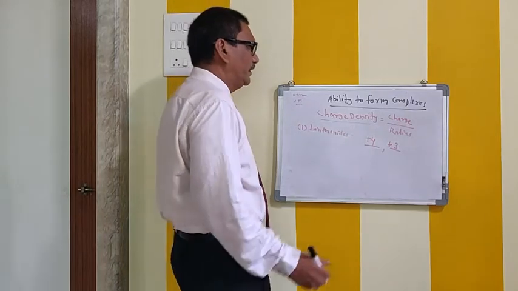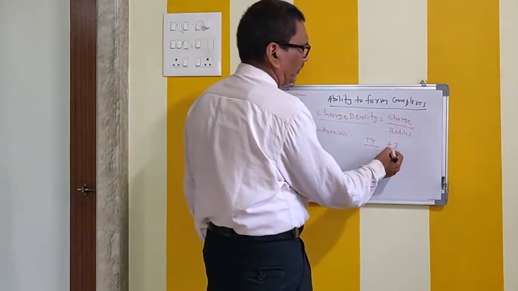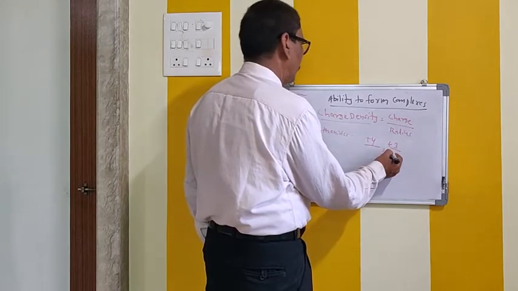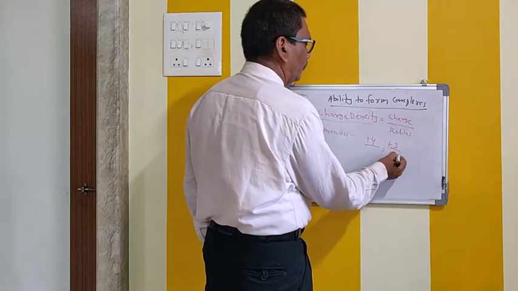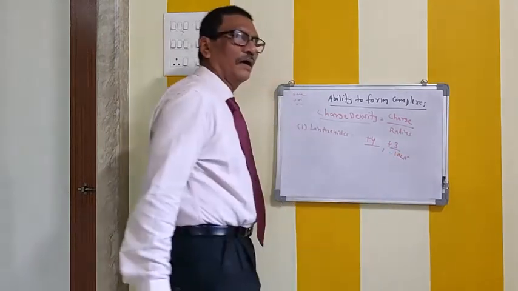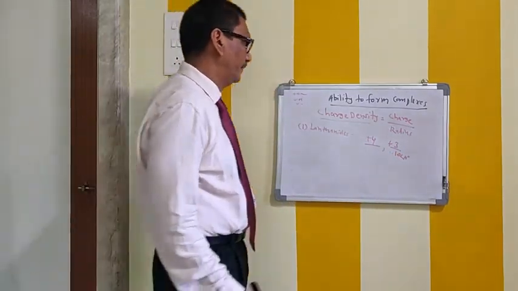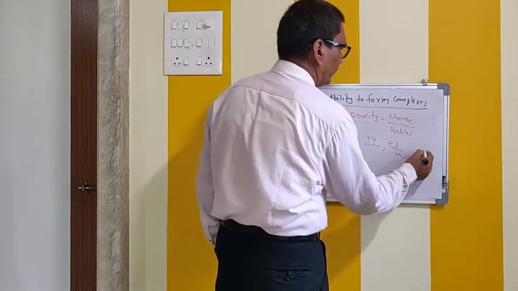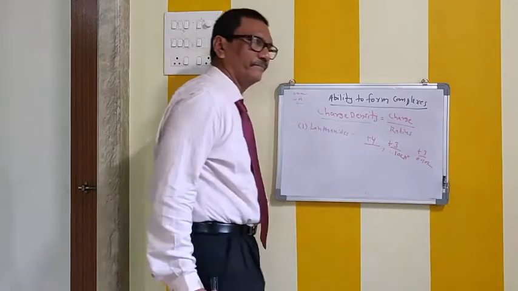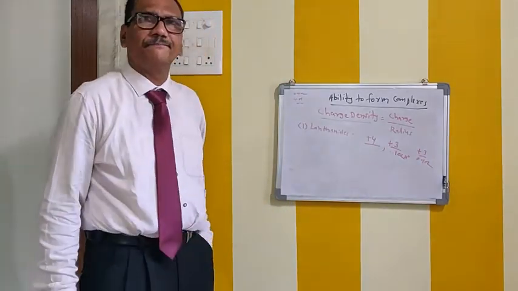So if we take cerium, the charge is +3 and 0.102 nanometer is the ionic radius, so +3 upon 0.102 nanometer.